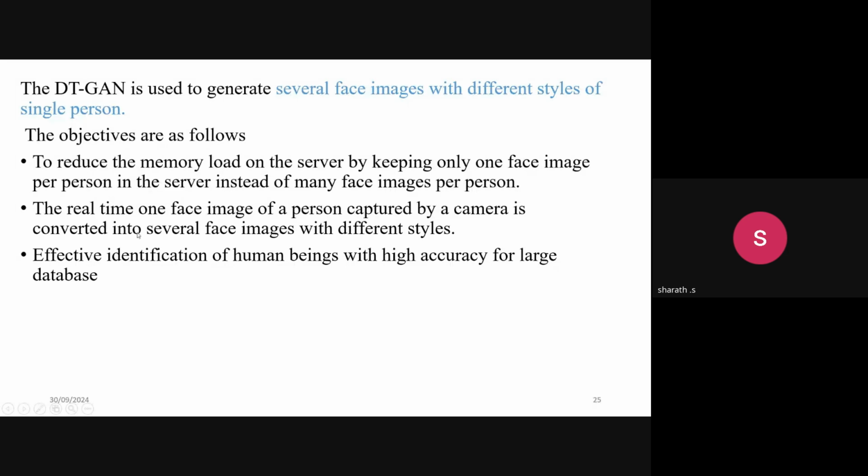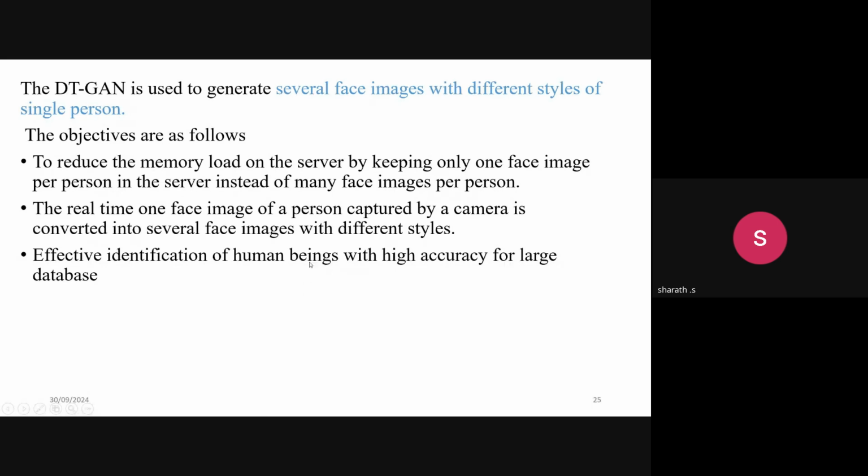The objective is to reduce the memory load on the server by keeping only one face image per person instead of many. The real-time face image of a person captured by a camera is converted into several face images with different styles, generated by the GAN model.